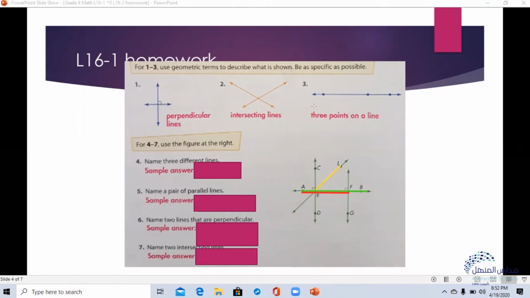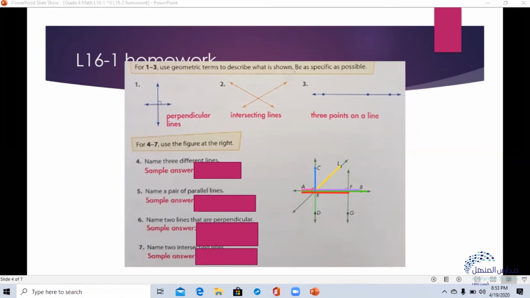I'm just drawing points from point E now. So E and D is a line. E and C is a line. E and B is a line, and I can say that E and A is a line. So those are all the possible answers only from point E.